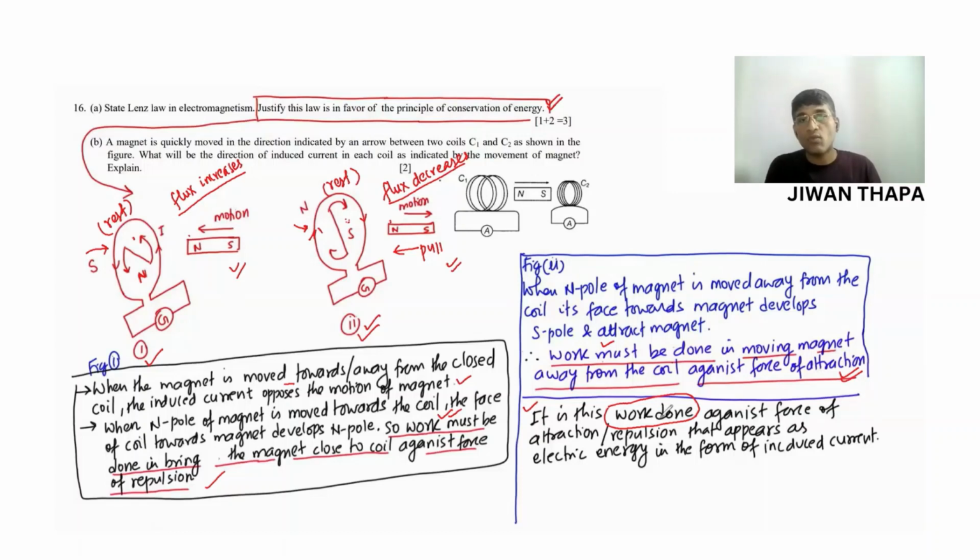So it is this work done against the force of attraction or repulsion that appears as electric energy in the form of induced current. So we can conclude that Lenz's law supports the law of conservation of energy.